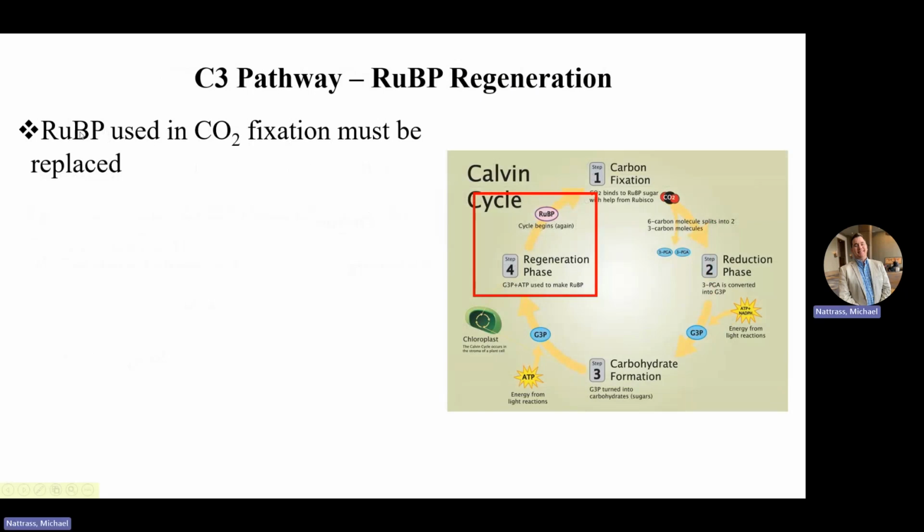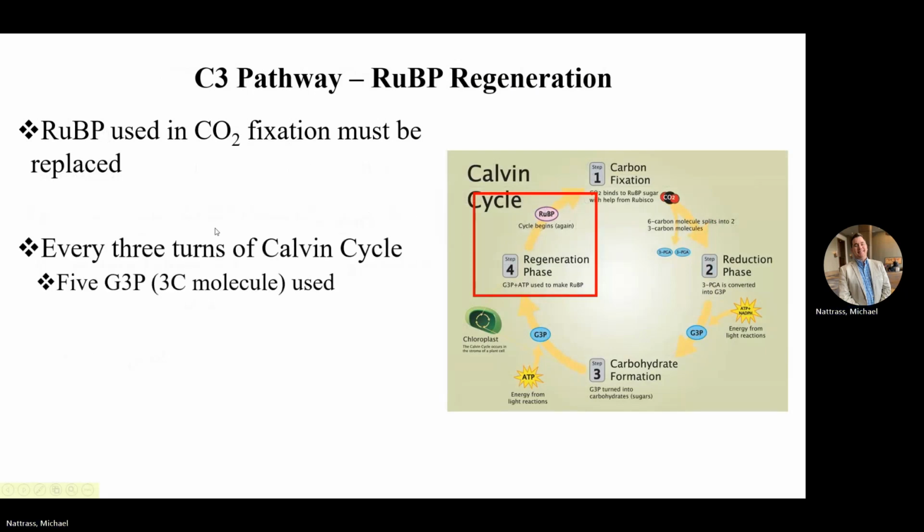Okay, next, RuBP must be replaced. From that, we're going to take ATP with G3P. Remember over here, we reduced this 3-PGA. Now we need to oxidize it so that we can get back to this 5-carbon molecule. Just know that for every 3 turns of the Calvin cycle, we are going to use 5 G3P.